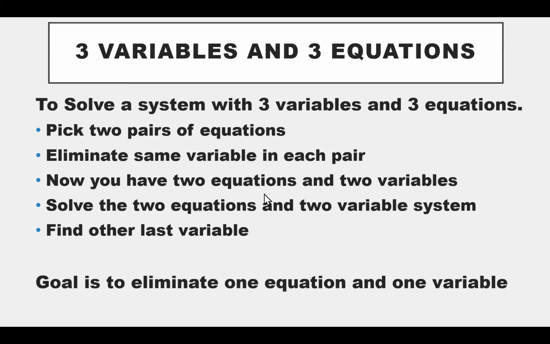Then I can solve that system of 2 equations and 2 variables. Once I have the 2 remaining variables, then I can plug those in and find the last variable. And again, the goal is to eliminate 1 equation and 1 variable.